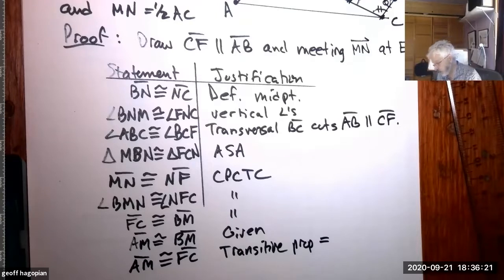Okay, so that means that AMFC is a parallelogram. I should use my abbreviation, huh? And that's because opposite sides are congruent, right? That we proved that earlier.